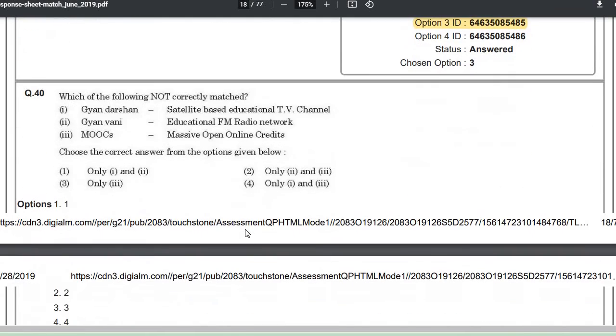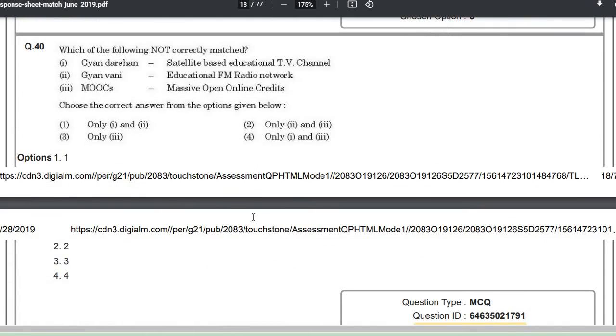Now coming to question number 40, which of the following are not correctly matched? Gyan Darshan is a satellite based education TV channel. Gyanvani is an educational FM radio network. MOOCs are Massive Open Online Courses.